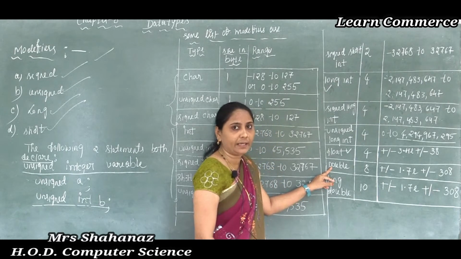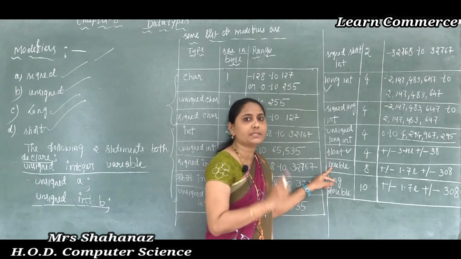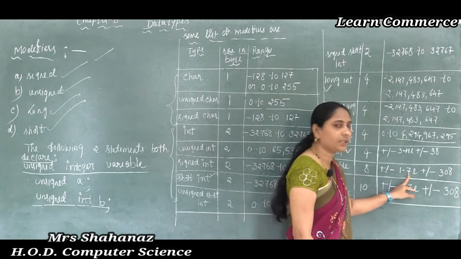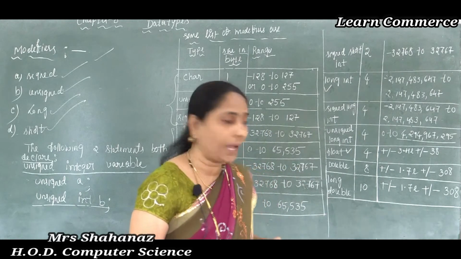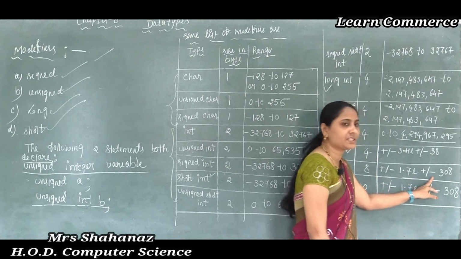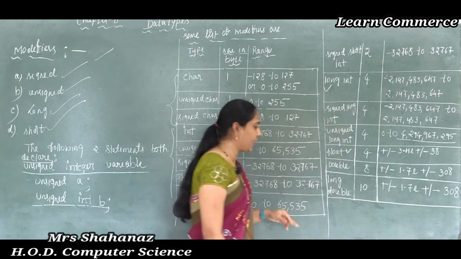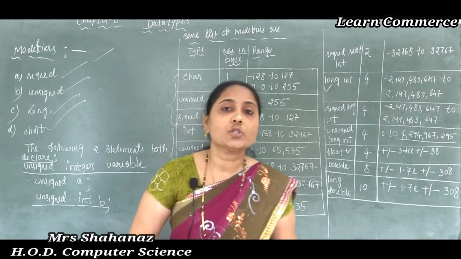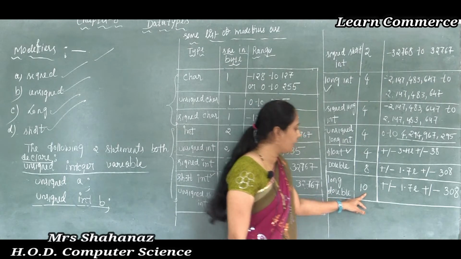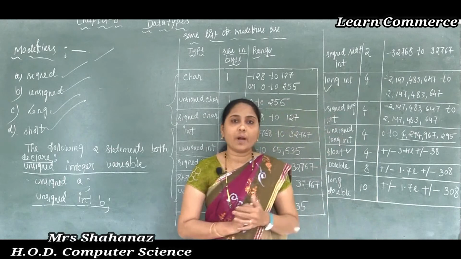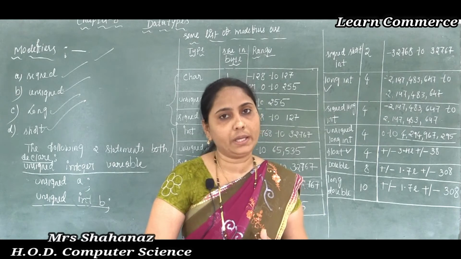If you declare any variable with the data type double, that variable occupies 8 bytes of memory space, and the range of capacity is minus 1.7e-308 to 1.7e308. Lastly, the long double, which occupies 10 bytes in this case, has the range minus 1.7e-308 to 1.7e308.